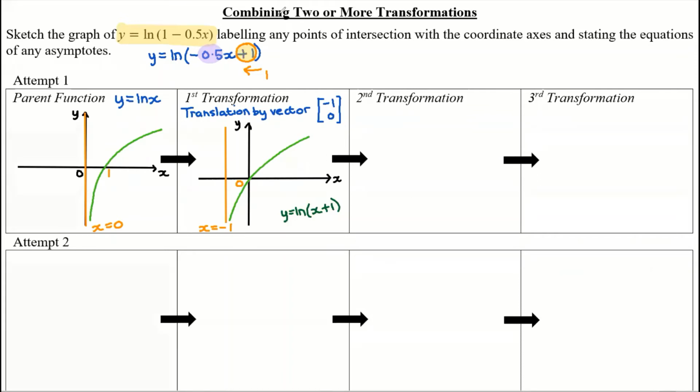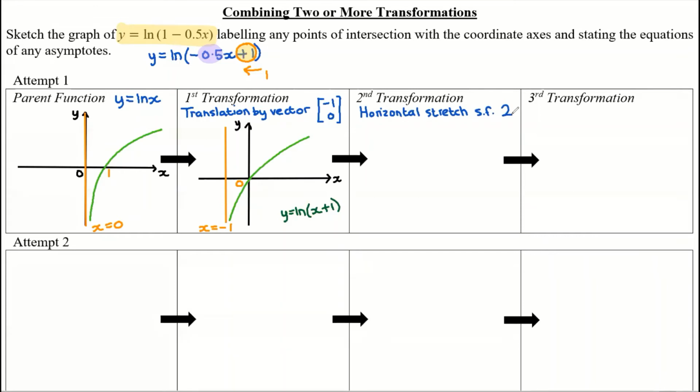And what that does, of course, is this is going to be a horizontal stretch, or stretch in the x direction, if you like, scale factor 2. Okay, and why is it scale factor 2 and not a half? Because it's inside opposite. Okay, and you can see that from the table of the order of transformations below.